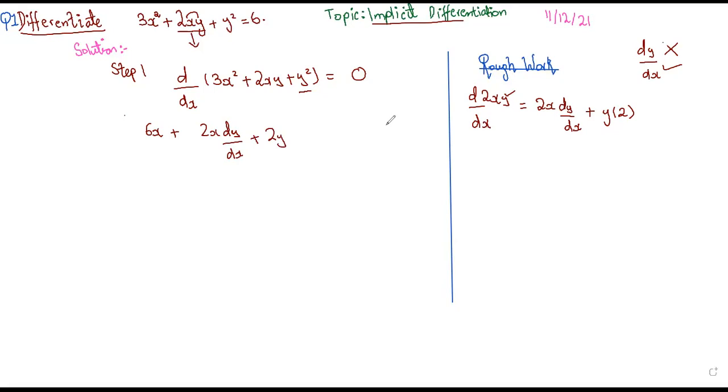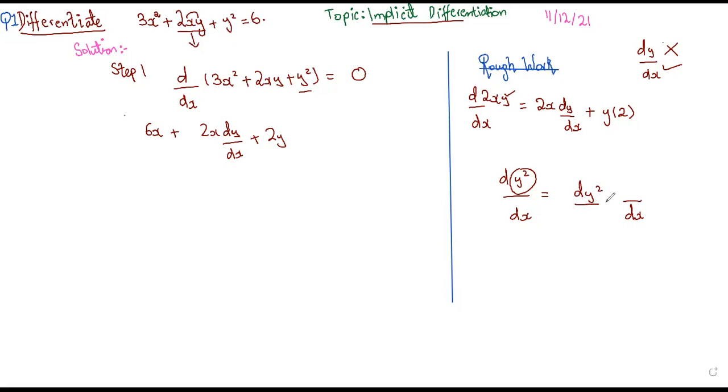Now I have y square. I will differentiate y square with respect to x. Now I can see that this isn't y. This is something I cannot differentiate with respect to x, so I need to do something, okay? When we know that, we have to apply the chain rule. Excellent. So the trick to the chain rule was, this is the numerator, I'll write this numerator here, and this is the denominator, I'll write this denominator here. Now I need something over here and over here such that I can differentiate this y square.